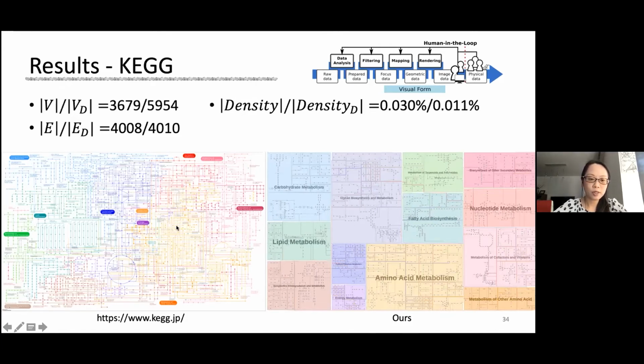Actually, we discussed with the designer from Cake, but we didn't talk about how they assign the color here. But apparently, as a proof of concept, we found out that they actually try to put those that share similar metabolites together with each other.